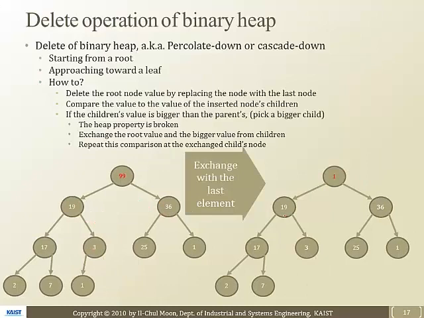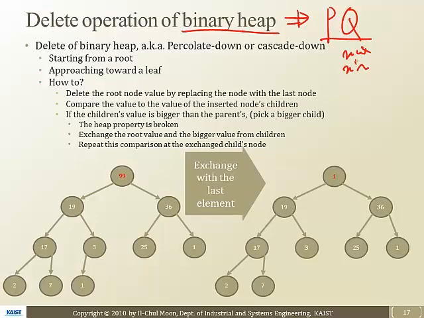And how do we delete a node in the binary heap? Actually, the deletion operation of the binary heap always takes the root. Why is that? Because we originally intended to utilize the binary heap to implement the priority queue. So this is the basic data structure for the priority queue, and a priority queue always takes the maximum or the minimum value.